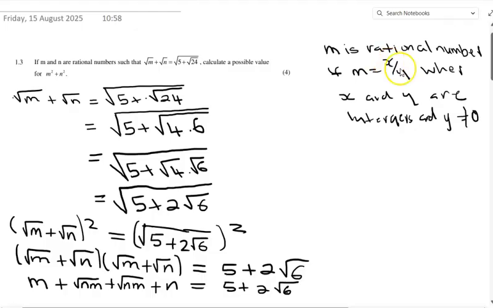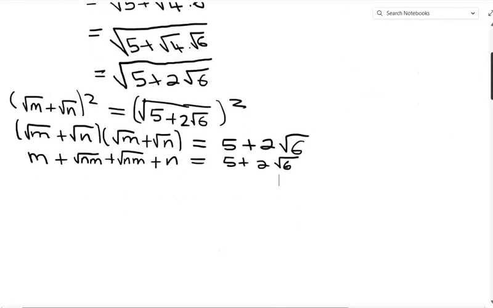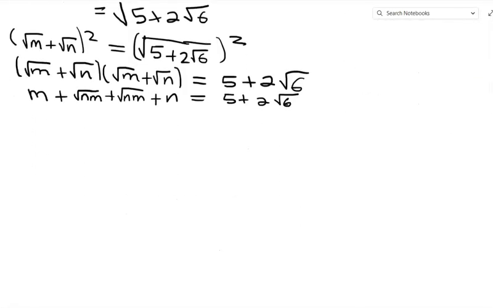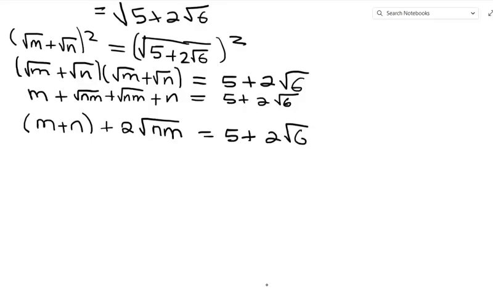Okay, so now from here we can say m plus n in brackets plus 2 square root of nm is equal to 5 plus 2 square root of 6. Remember they said m and n are rational numbers.